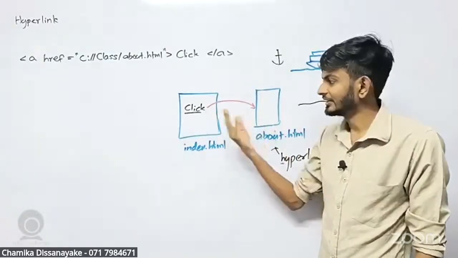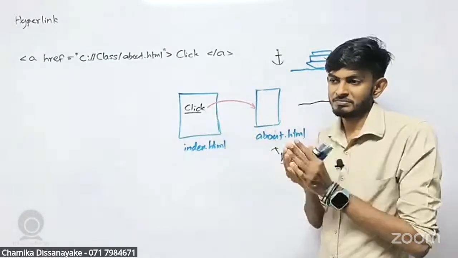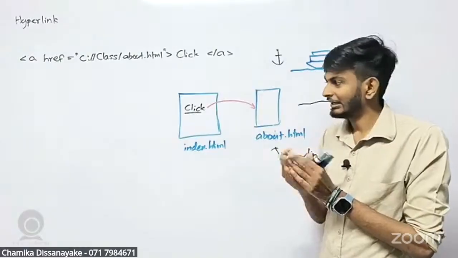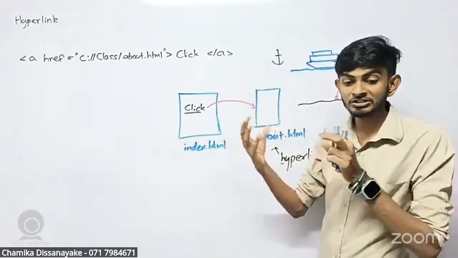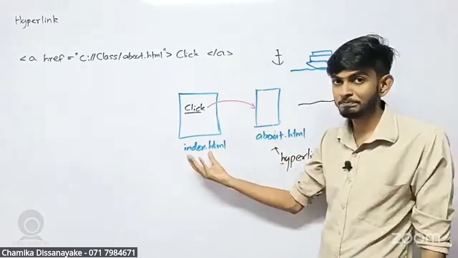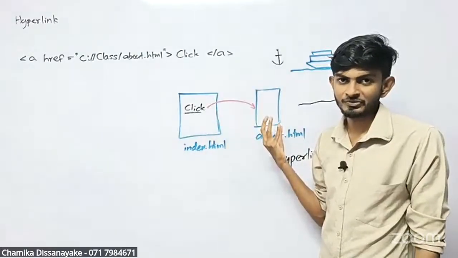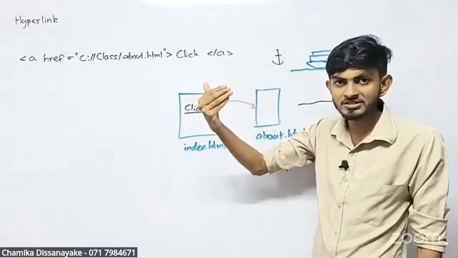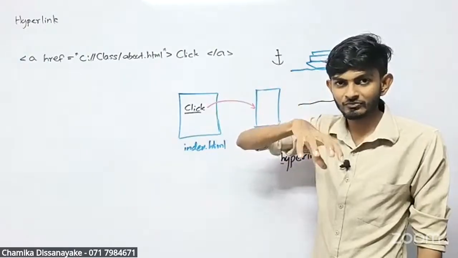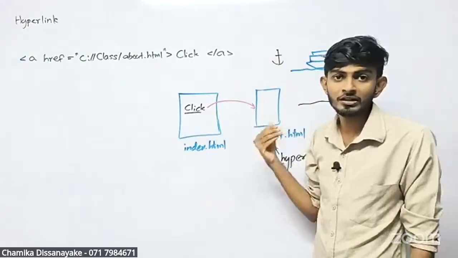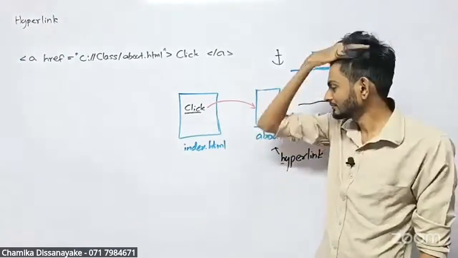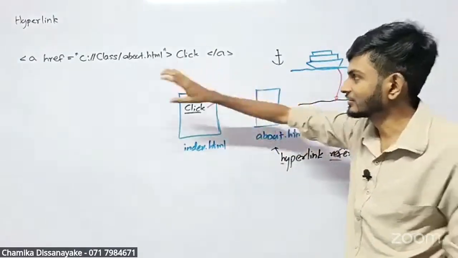That is called a hyperlink. The basic meaning is that it makes a connection from one web page to another web page. If you want to go to another web page from one web page, we have to use these hyperlinks, right? The tag is called anchor.